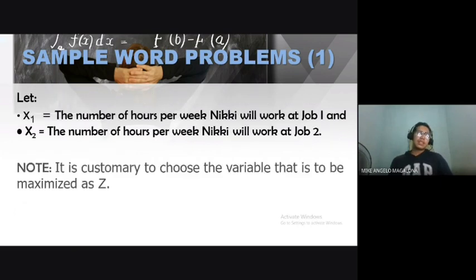So, let x sub 1 be the number of hours per week Nikki will work at job 1, and let x sub 2 be the number of hours per week Nikki will work at job 2. Note that it is customary to choose the variable that is to be maximized as z.